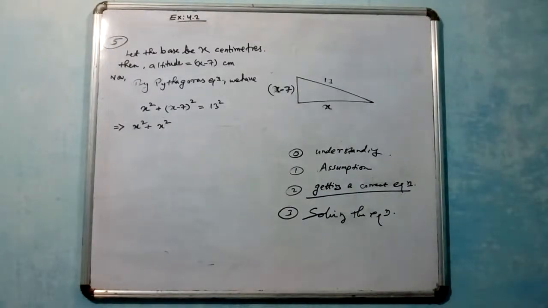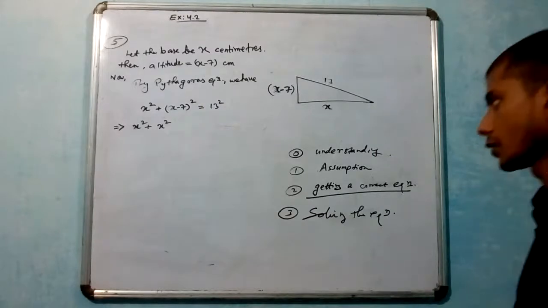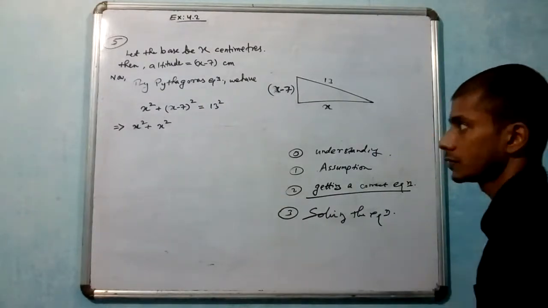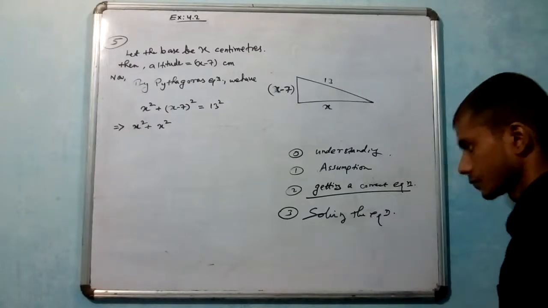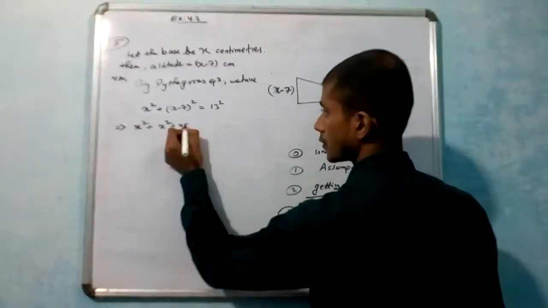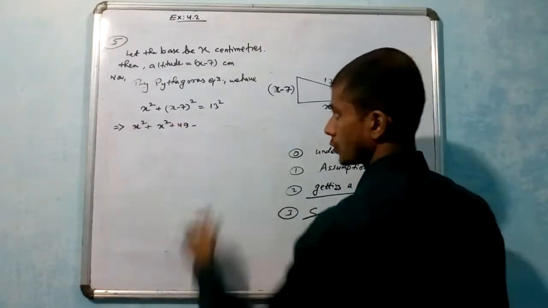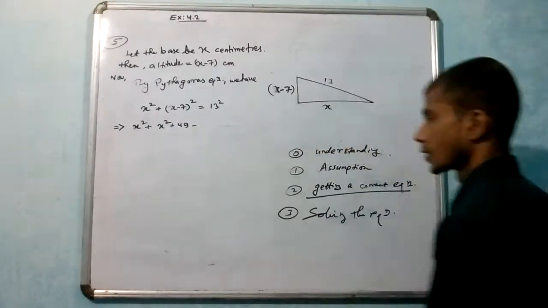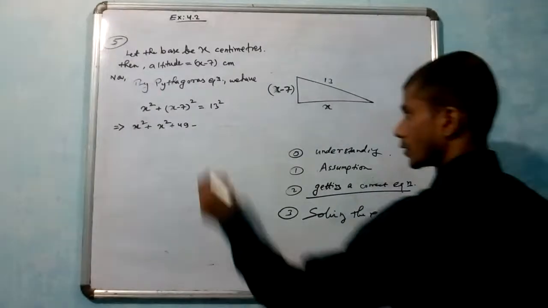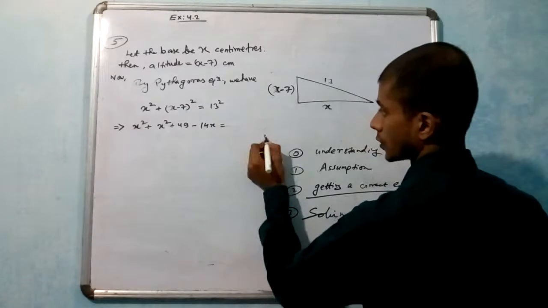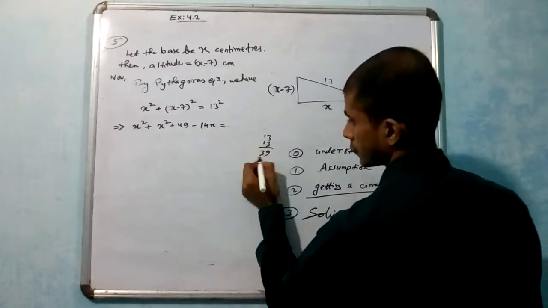So x square, then plus 49, minus 2 into x into 7, so 14x, is equal to 13 square, that is 169.